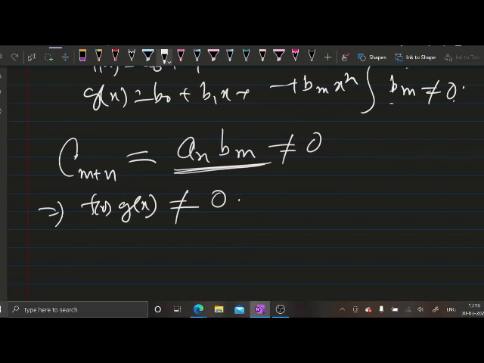So this proves that R[x] is an integral domain.